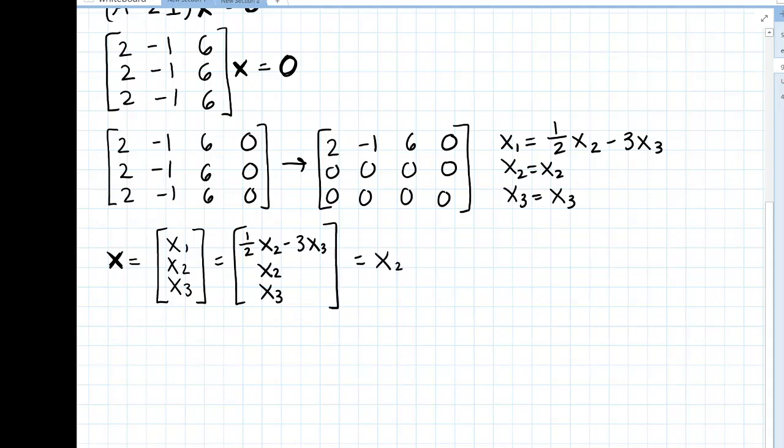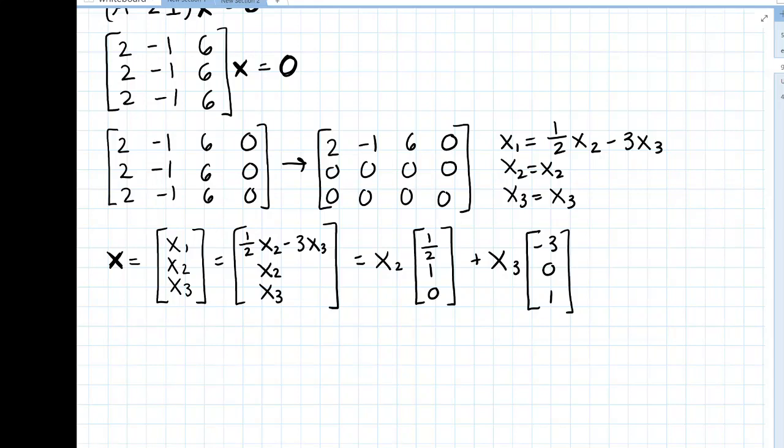So we have x2 times 1/2, 1, 0, and x3 times negative 3, 0, 1.